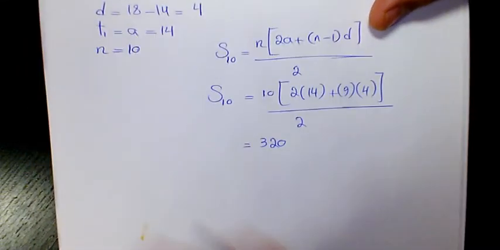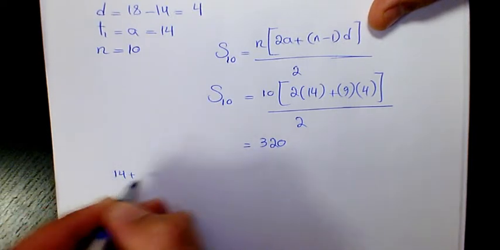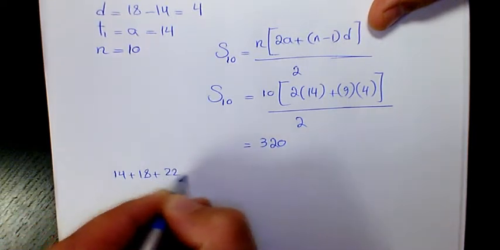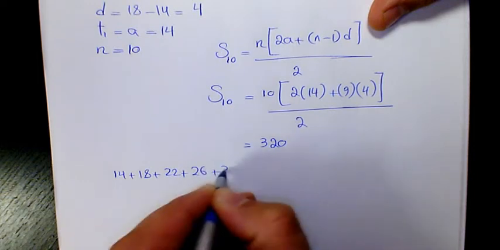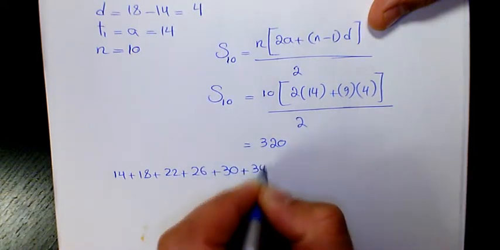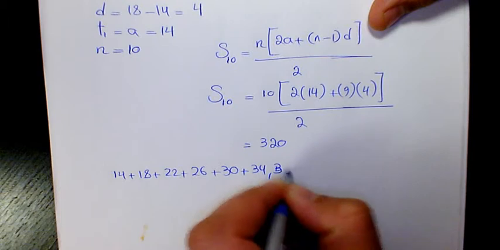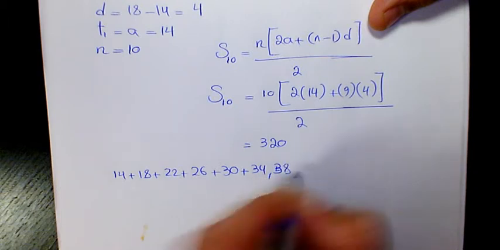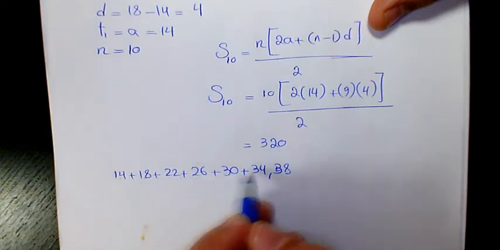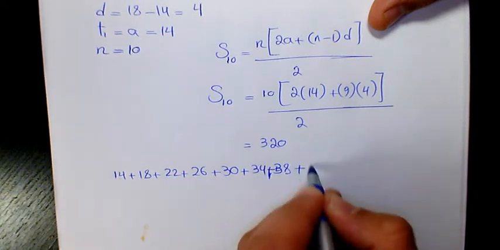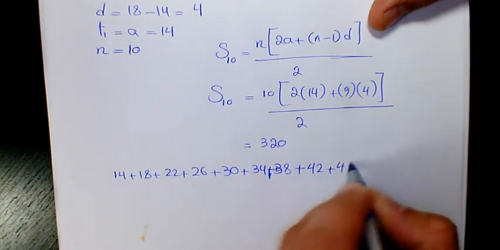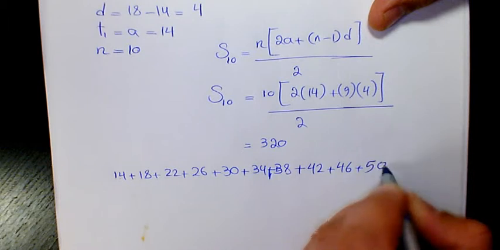Let's check it. 14 plus 18 plus 22 plus 26, 30, 34, 38, 42, 46, 50. That's 1, 2, 3, 4, 5, 6, 7, 8, 9, 10.